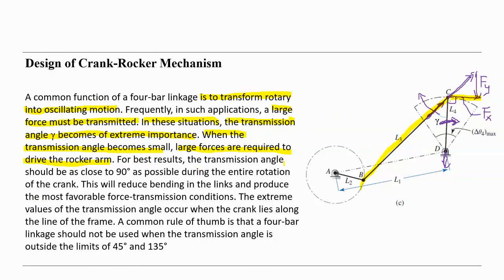For best results, the transmission angle should be close to 90 degrees. Of course, if it is 90 degrees, the power is fully effective. That means the force times this length is the torque here, and we use all the force for the torque.